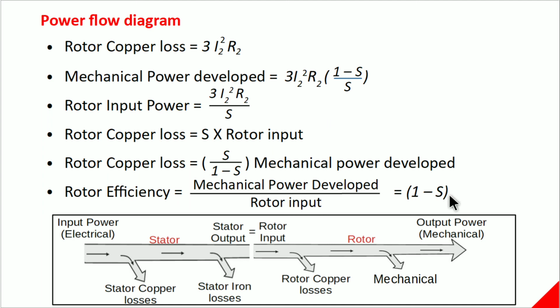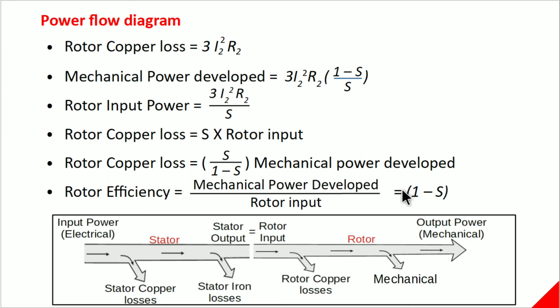It means if the slip is 0.04 for a certain motor, then its rotor efficiency is 1 minus 0.04, that is 0.96 or 96%. If slip is 5%, rotor efficiency becomes 95%, and so on.